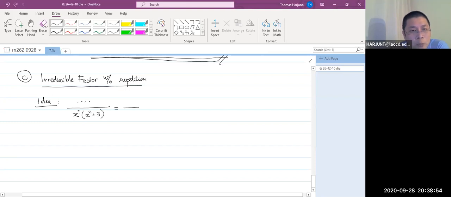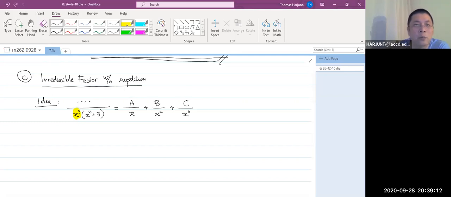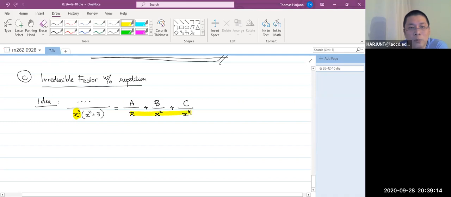Maybe I put x cubed here, why not? So for that x cubed, I will have something over x, something over x squared, something over x cubed. And each one of them is constant because they're basically repetition from x cubed.